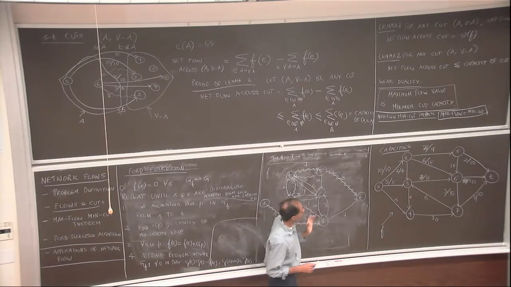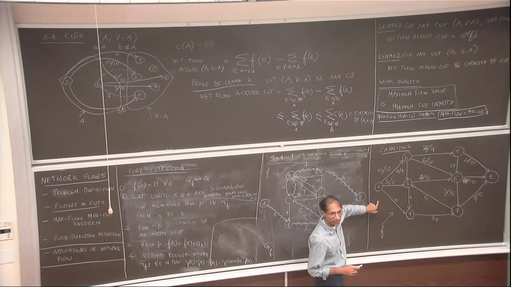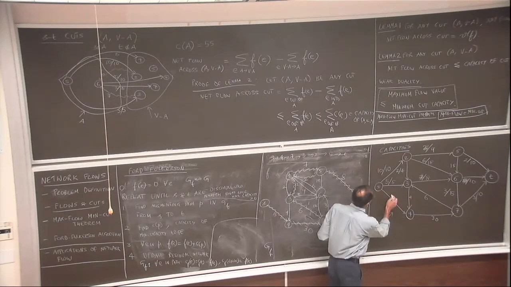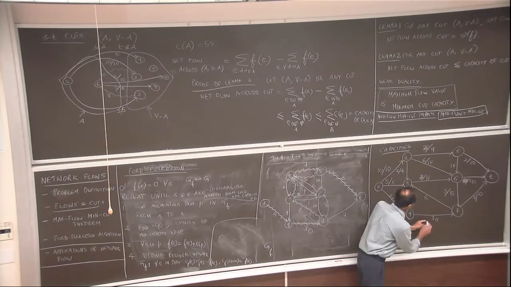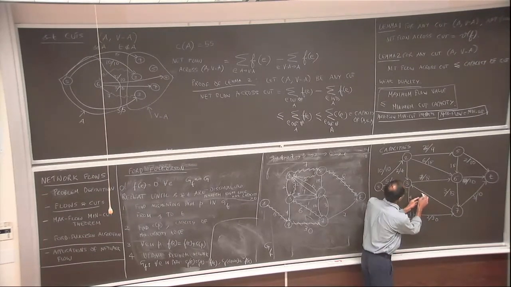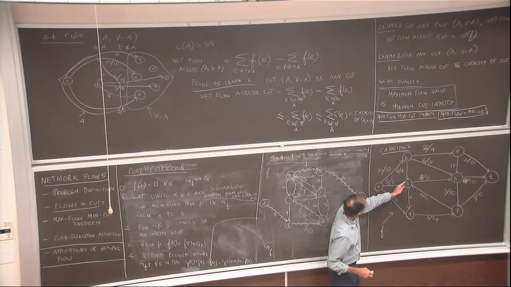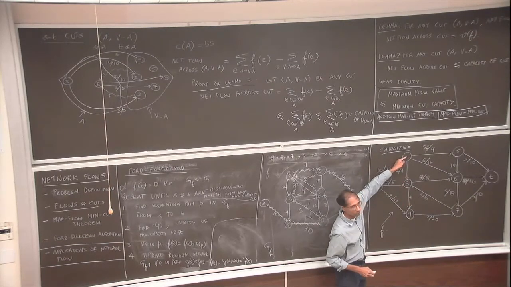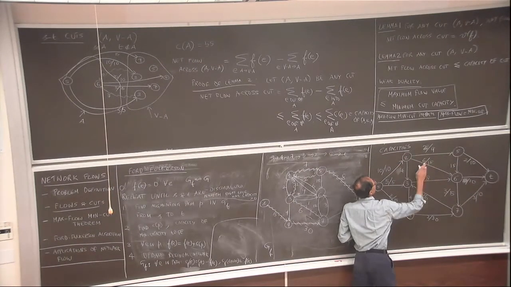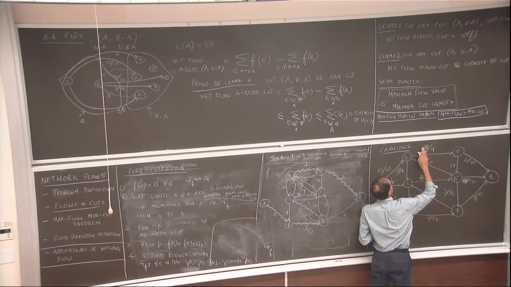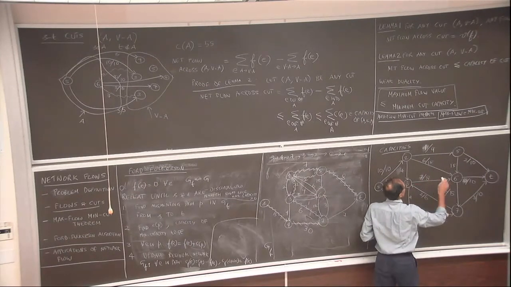So if you want, we can just go ahead and update that directly on this. 2 units of flow on this, 2 units of flow on this, 2 units of flow from here to here. What does that mean? 0 units of flow here. 2 units of flow from here to here. What does that mean? 4. 2 units of flow.